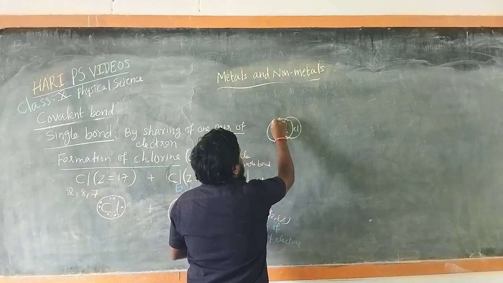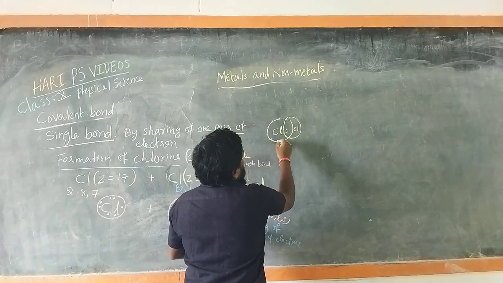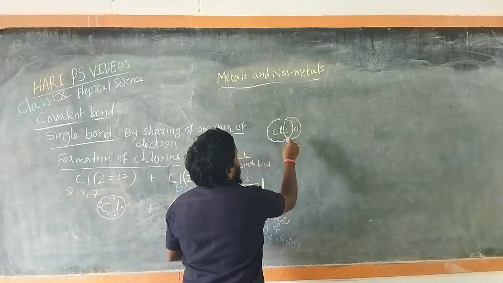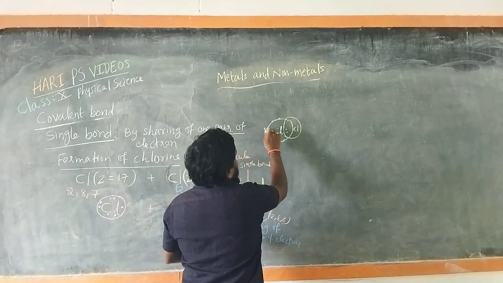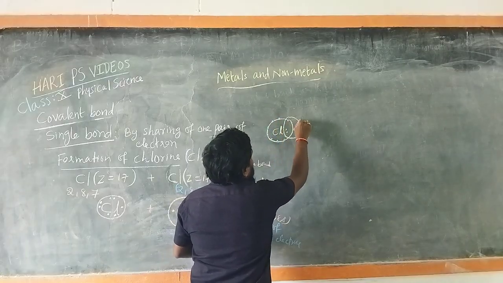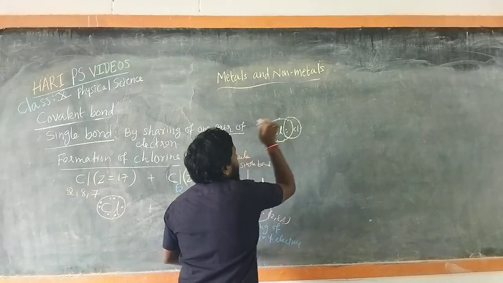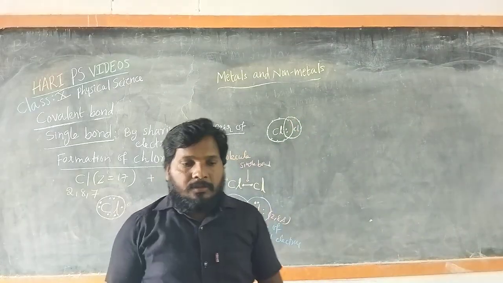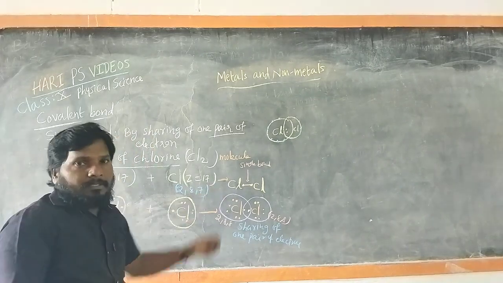So 1, 2, 3, 4, 5, 6, 7, and 1, 2, 3, 4, 5, 6, 7, 8. In this way also we have to represent the diagram.